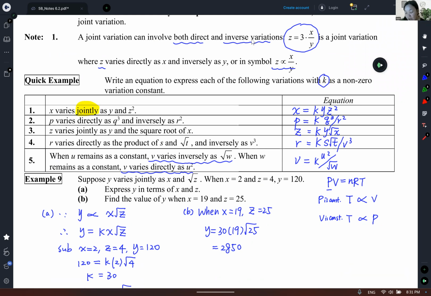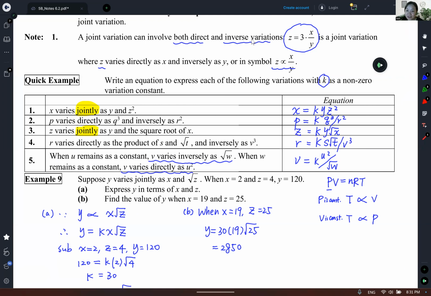In example 2 it is not mentioned. In example 3, jointly is mentioned. In example 4, not mentioned. And example 5, obviously, the word joint is not mentioned, but through the description, you must form the understanding that they are talking about a joint variation.